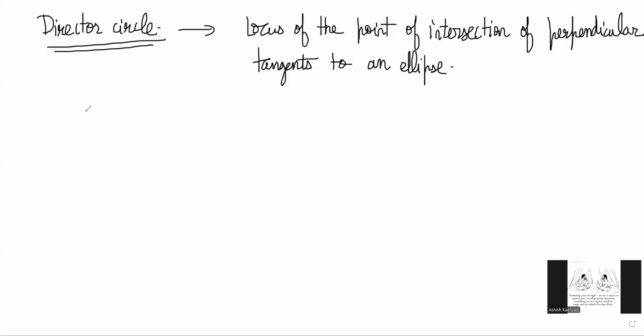So if the point is h comma k, and I'm saying this is the point of intersection of two tangents drawn to the ellipse, x square by a square plus y square by b square equals 1.